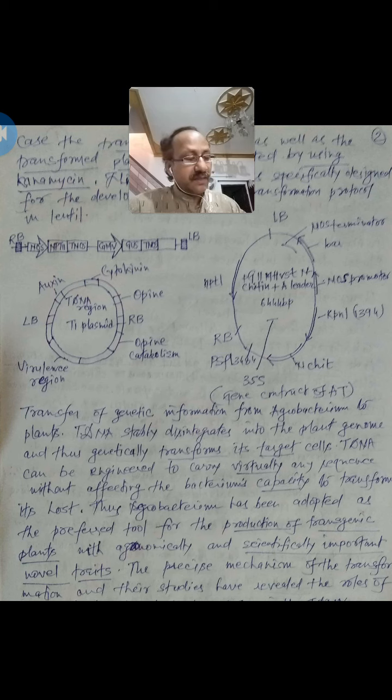Thus, Agrobacterium has been adopted as the preferred tool for the production of transgenic plants with agronomically and scientifically important novel traits, whether yielding, resistance, pathogenic qualities, storage qualities, many such traits may be there.